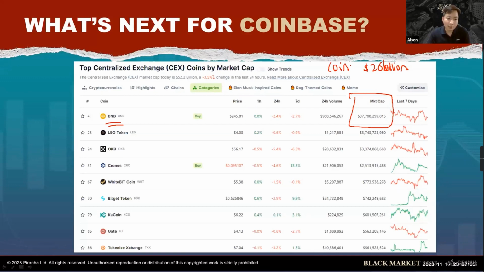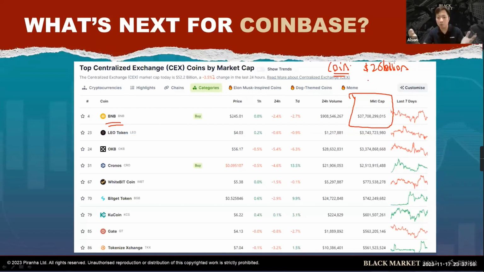No offense to Binance, I like Binance, just that I think eventually Coinbase will exceed BNB in terms of market cap. So I think there's still at least one more X based on the current price, especially right now when the crypto market is in a bull run.